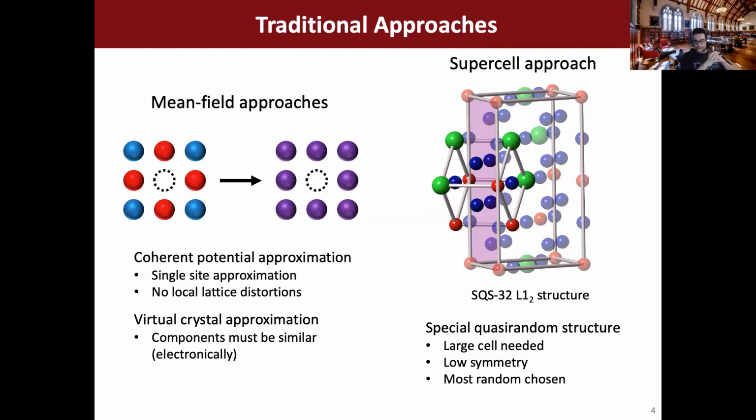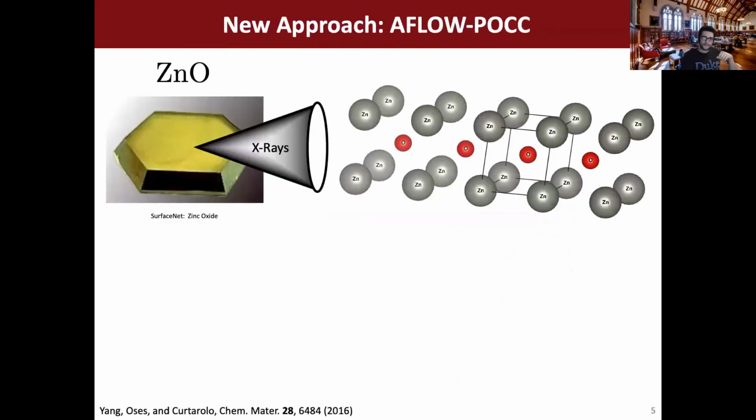They're going to be very low symmetry, and with the low symmetry, the ISYM tag in VASP that I showed you, which leverages the symmetry of the structure, you're not going to be able to use it, and so the calculations become that much more expensive and that much bigger. And there's an implicit assumption with SQS, with using a single supercell, that you choose only the most random one. And that's a problem because we don't necessarily know how much randomness we want to incorporate into the structure.